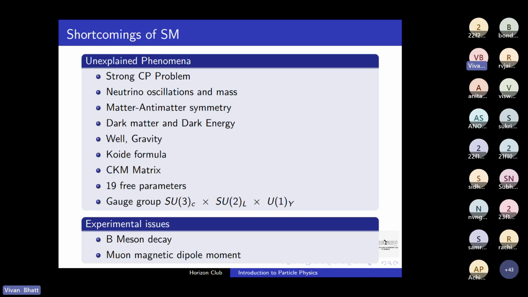Now, experimental issues, one I mentioned, the muon magnetic dipole moment, and there's also some irregular decay rates in the beta meson. All of these are just expected divergences. We aren't sure. So the thing is that in particle physics, whenever we talk about deviation from any particular observed value, we need it to be a particular number of standard deviations.